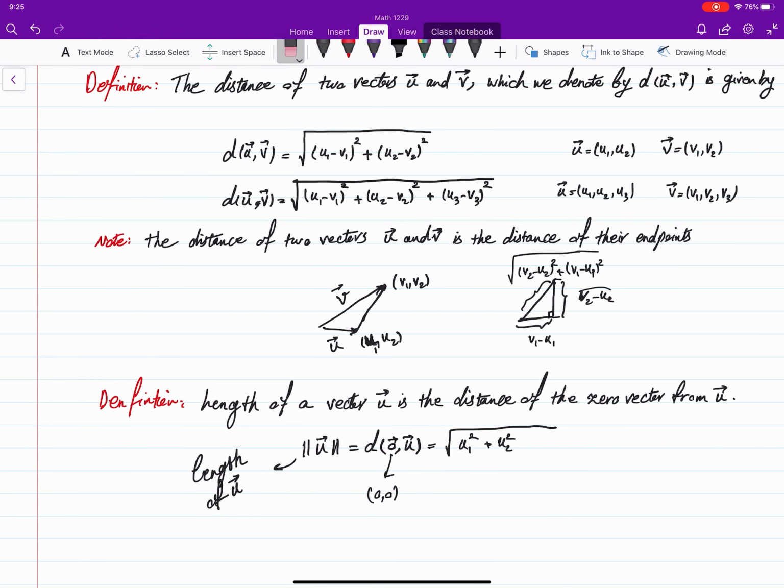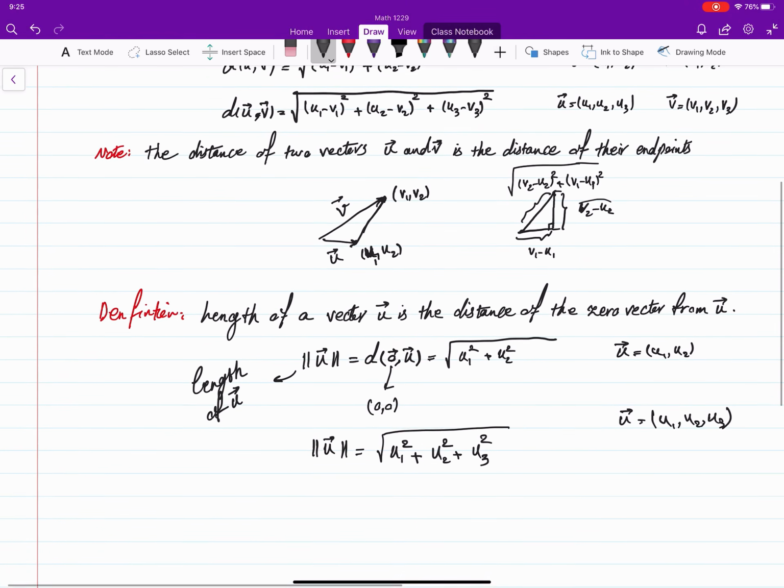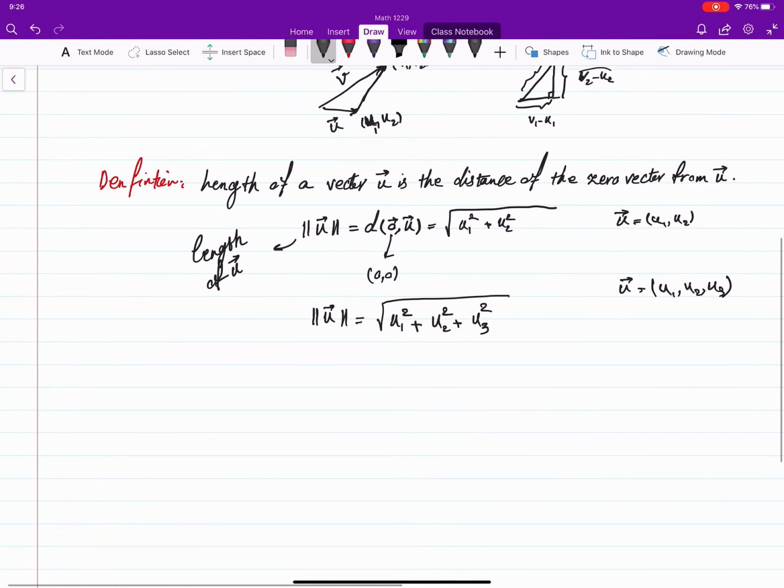Well, this is when u is a vector from R2. How about for a vector in R3? The same story goes along. Square each component, add them, and find the square root. That's the length of the given vector.